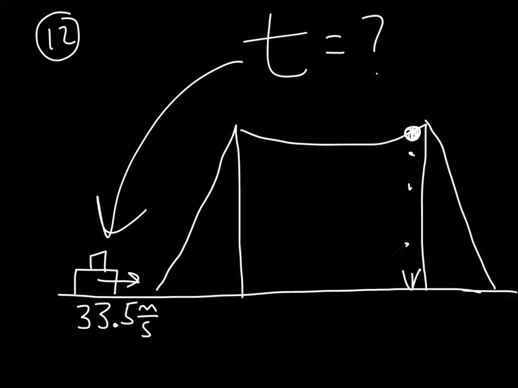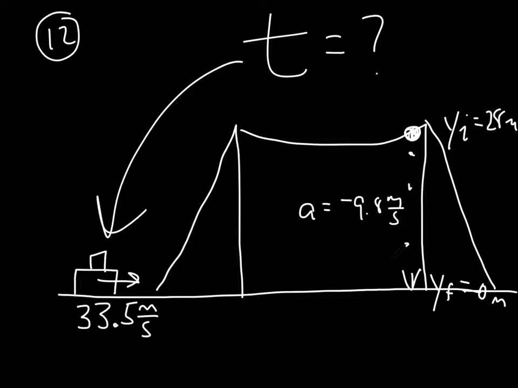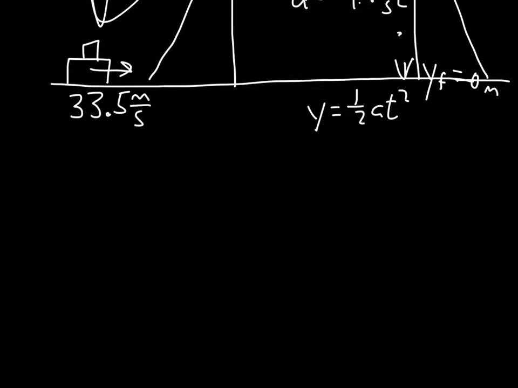So what do we know? We know this y initial is equal to, we said 92 feet, which is 28 meters. Your y final is equal to 0 meters. Your acceleration is equal to negative 9.8 meters per second squared. We can use the Cliff formula. Y is equal to 1/2 a t squared.